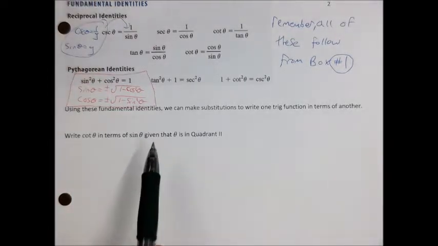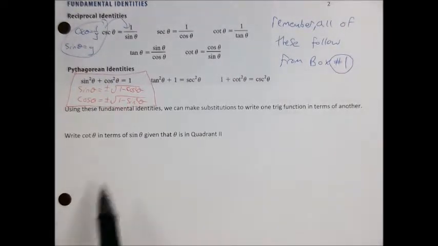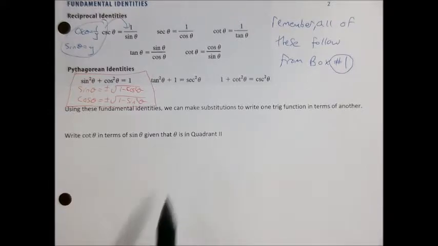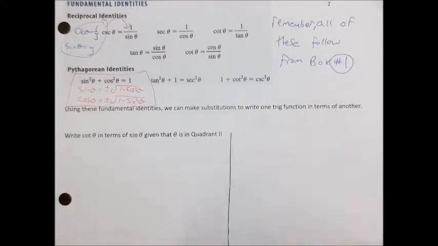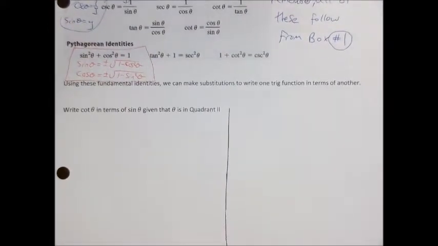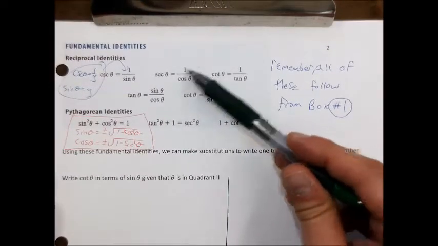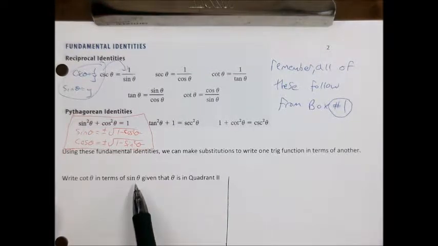So this problem, we'll warm up by writing cotangent in terms of sine, given that we're in quadrant 2. I'm going to do it two separate ways, so you might want to write a little line down your page here, and we'll do it two ways, one on each side. Remember, when we first learned this, we want to look in the table of identities and find an identity that relates cotangent and sine, and try to write cotangent equals something with just sine in it.